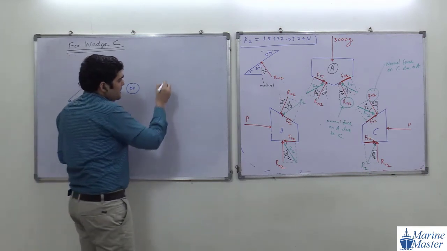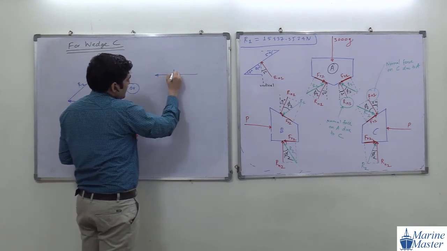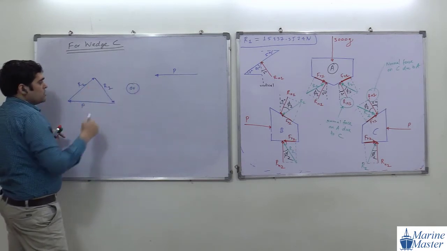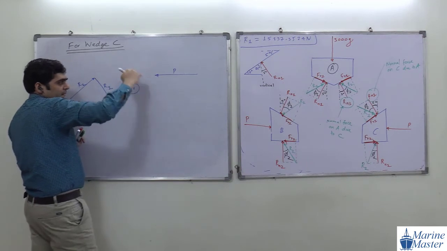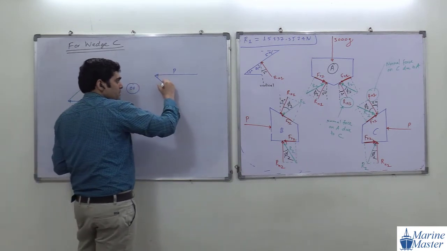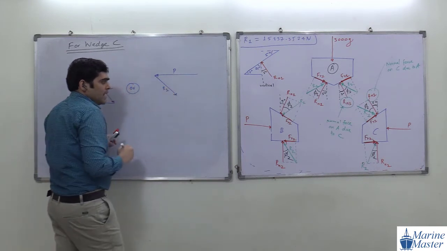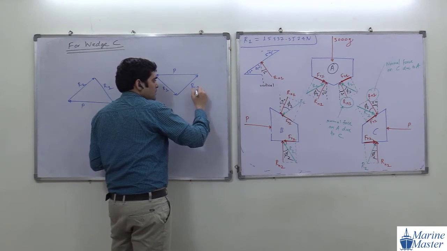Another way is, see, the same P. Instead of drawing P at the bottom, we can draw it at the top. So P, then see where P ended, here we can draw R1, and then this will be our R2.